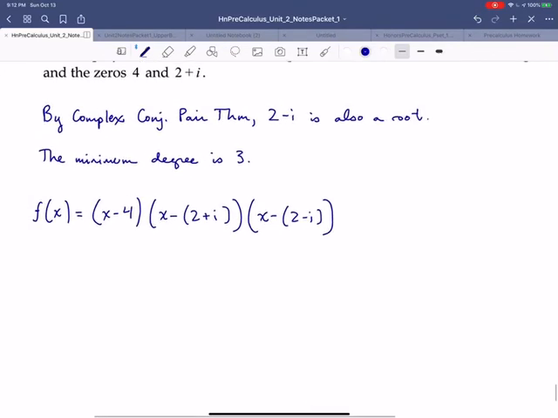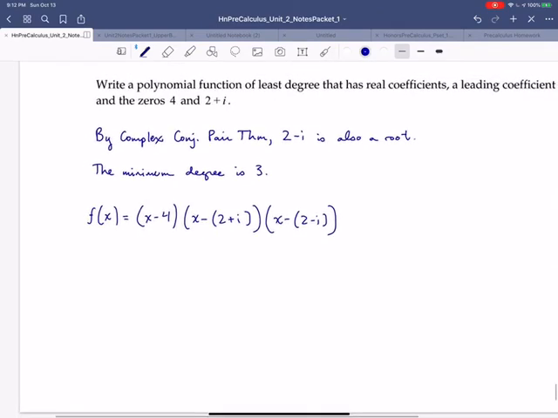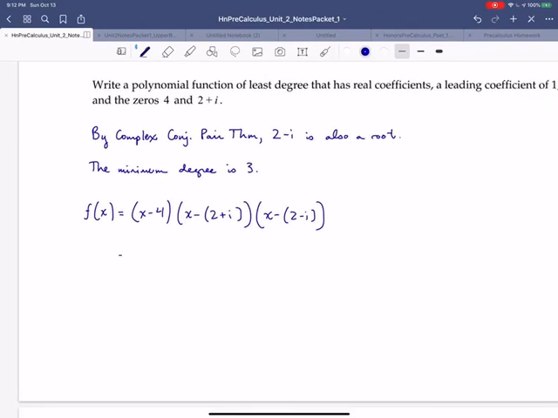Well, let's use the little algebra shortcut to make our lives easier. Remember that we're going to get x squared minus 2ax plus a squared plus b squared. Well, a is 2, so negative 2ax is going to be negative 4x, and b is 1, so a squared plus b squared is going to be 2 squared plus 1 squared, which is 4 plus 1, which is 5.